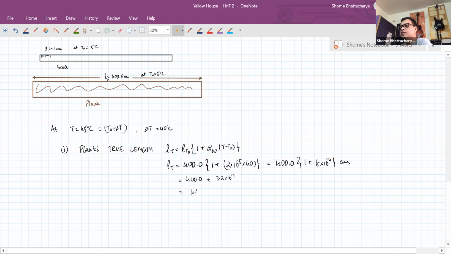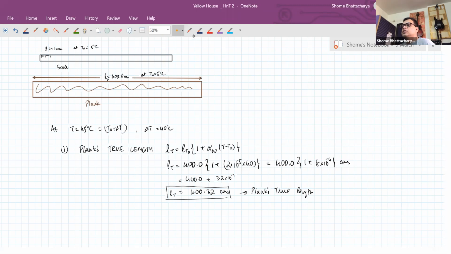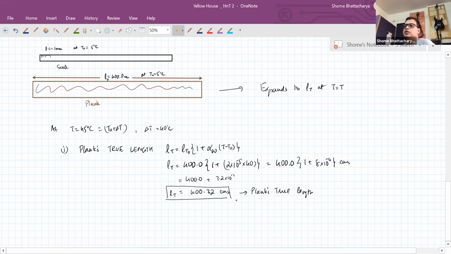So it has become 400.32 centimeters. This is what the true length of the plank has become. So this plank is expanded to this much. But now what happens? The scale also expands.